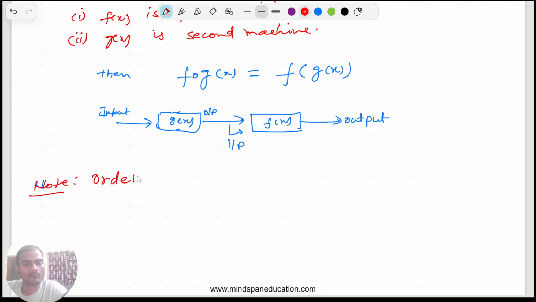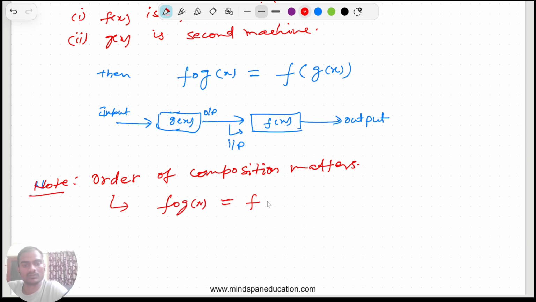Order of composition matters, which means, what I mean to say, f of g of x is not equal to g of f of x in the reverse order.